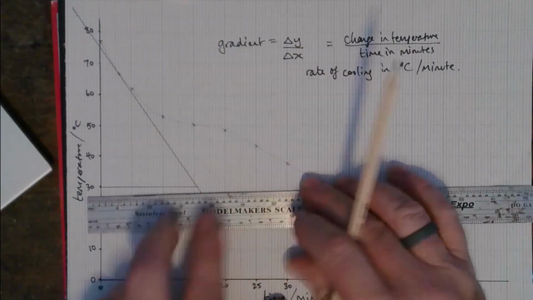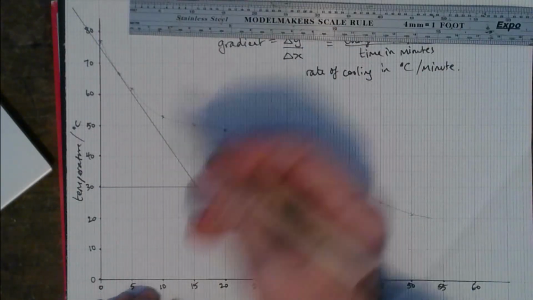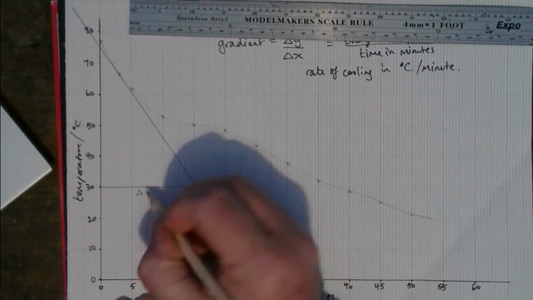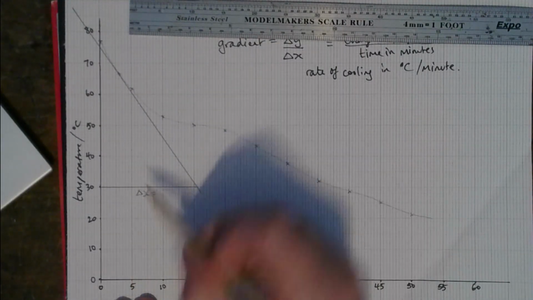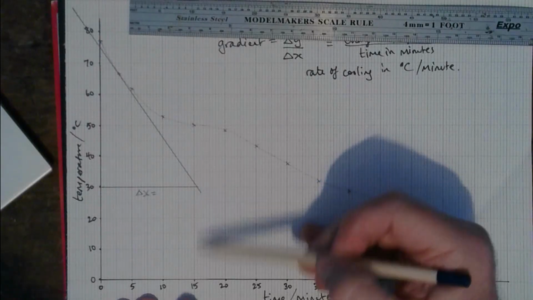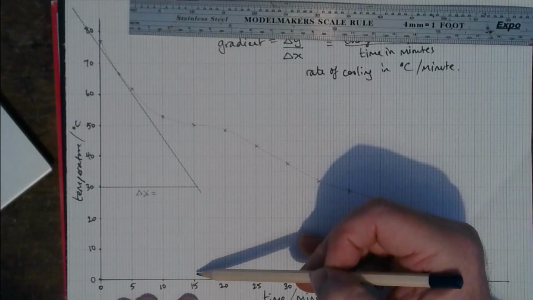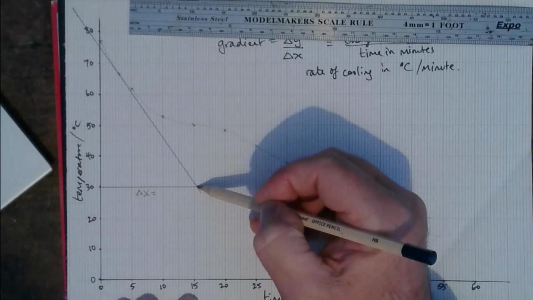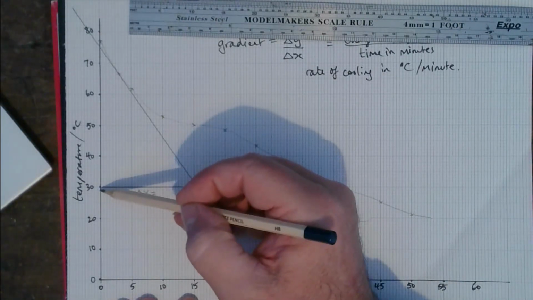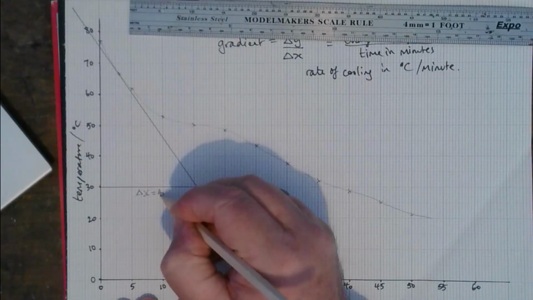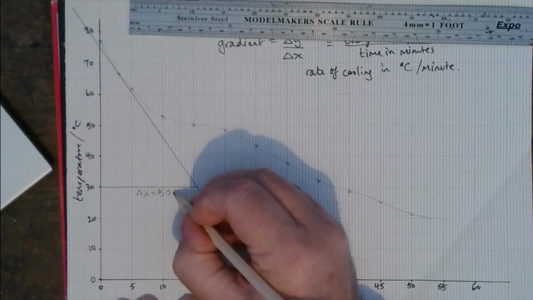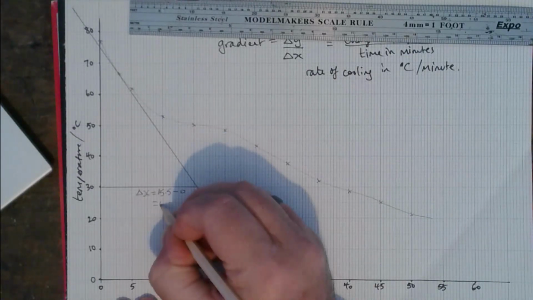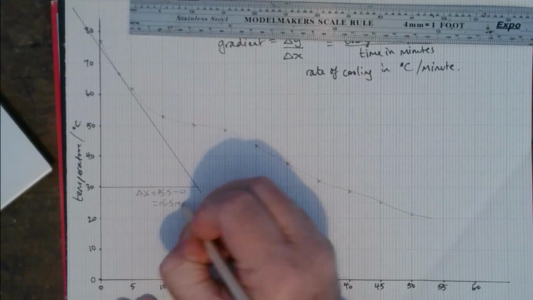So let's just get my change in x to start with. My change in x, my change in time rather, is from 15.5, I'd say, to 0. So the difference is 15.5 minus 0, that gives me 15.5 minutes.